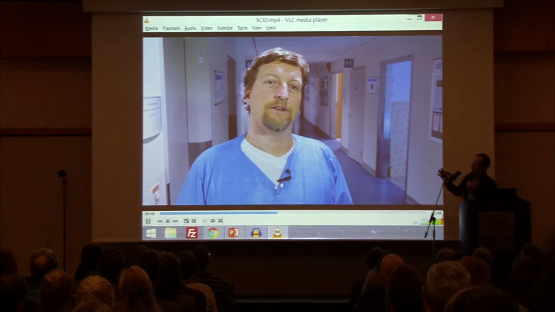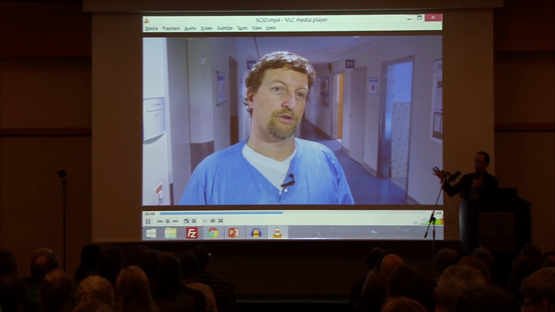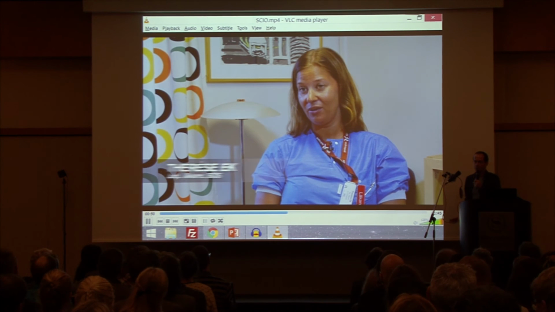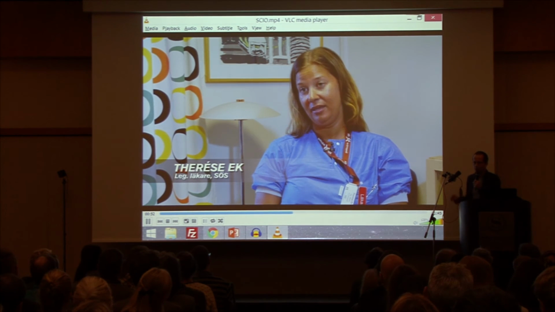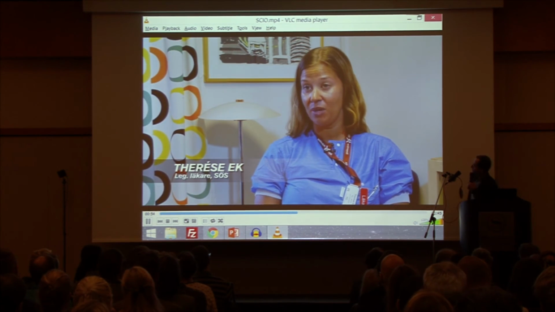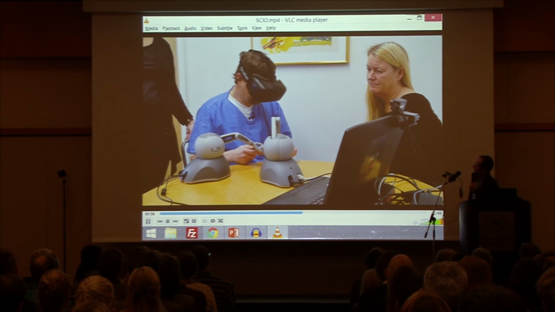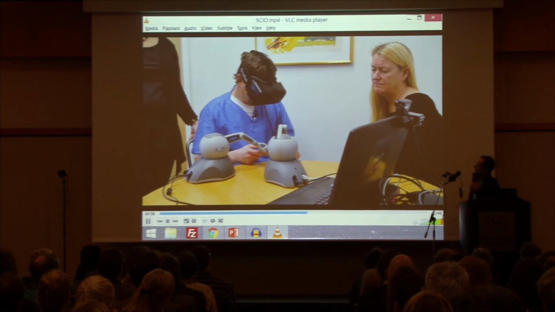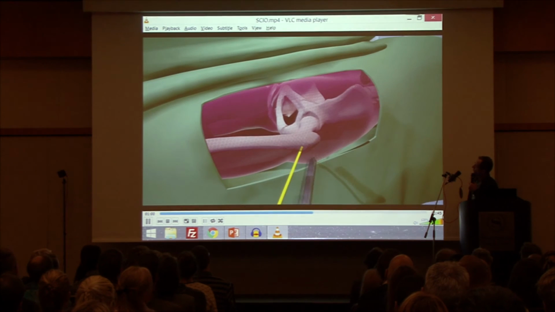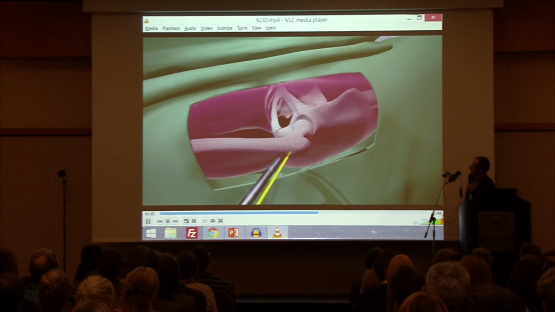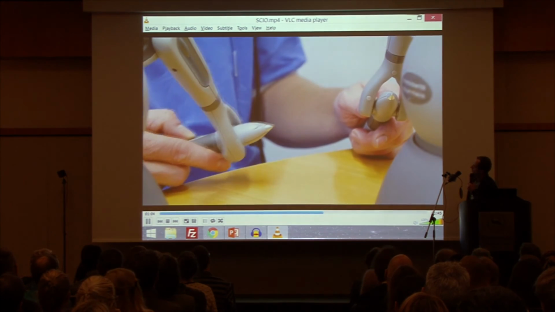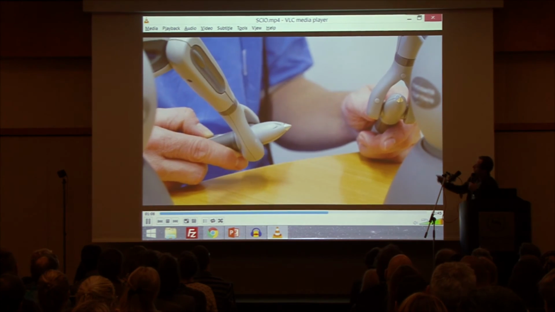He could actually feel the hip in the virtual environment, so he could feel where to insert the drill. Here is an orthopedist in training. There is feeling the bone.